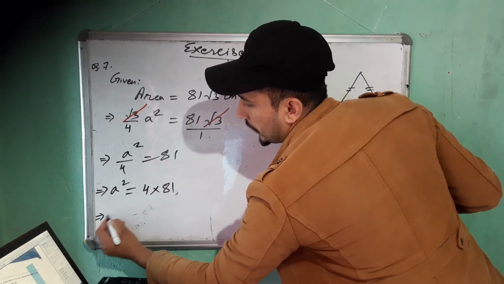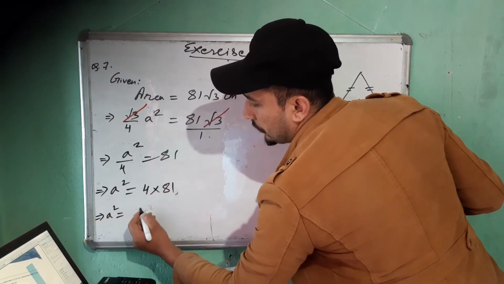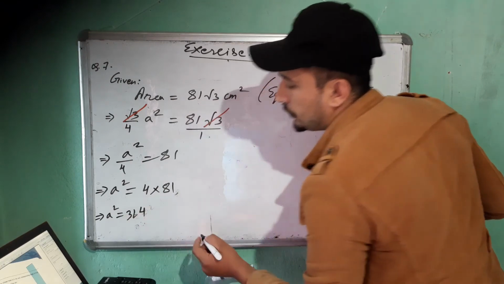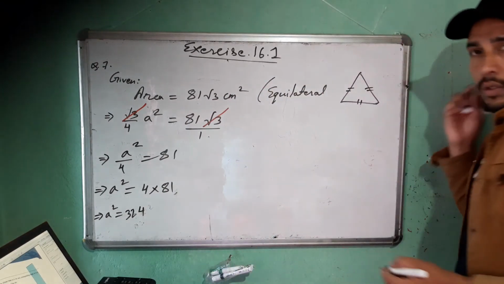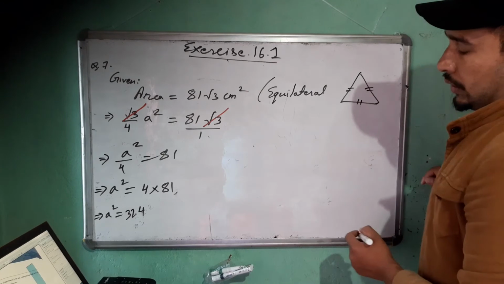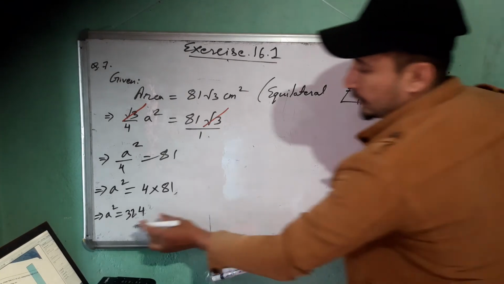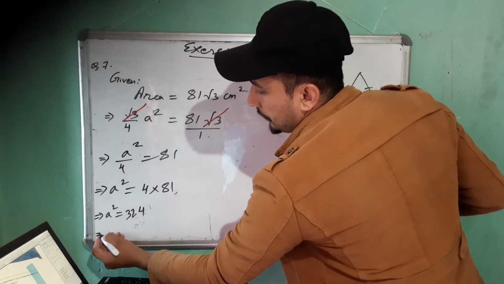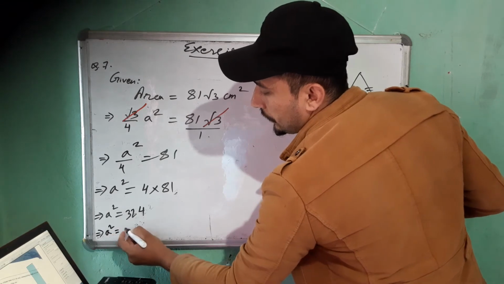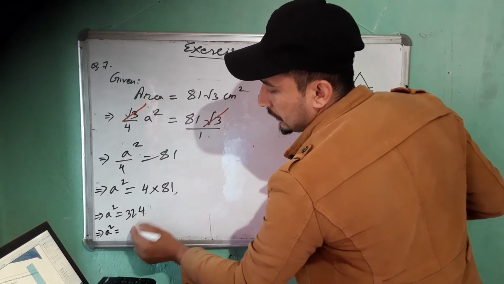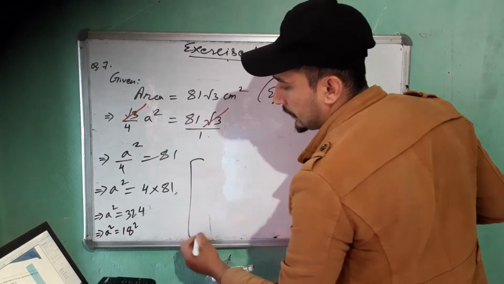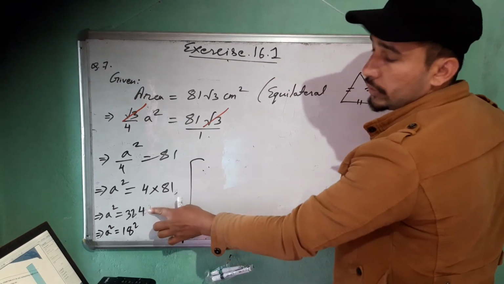So A square will be equal to 4 1s are 4, 4 8s are 32, so 324. It is the square of 18. A square is equal to 18 square, because 324 is a perfect square number.